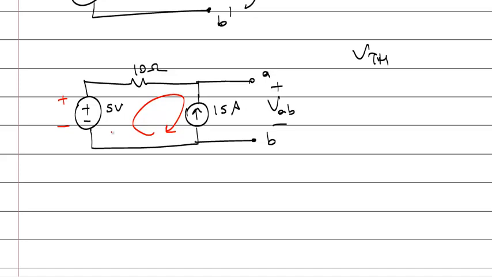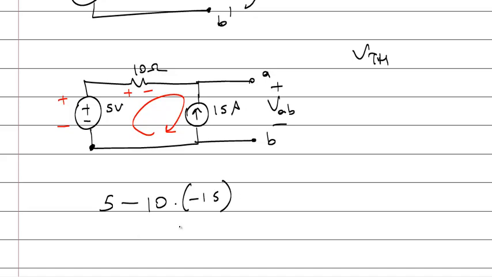So I can calculate the voltage of VAB like that. There is a voltage increase here. Let's write the KVL rule. Start from here. Voltage increase of 5 volts. Continue. There is a voltage drop of minus 10 times current. What's the current? Is it 15 or minus 15?